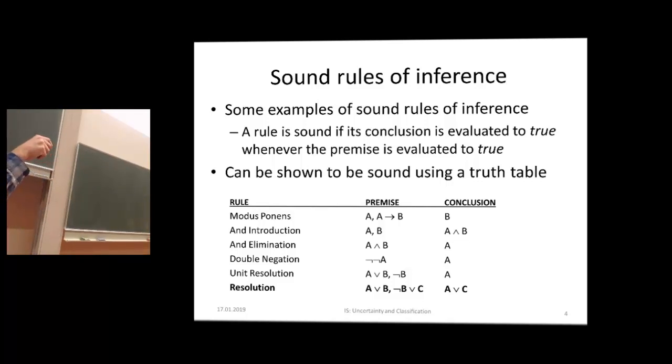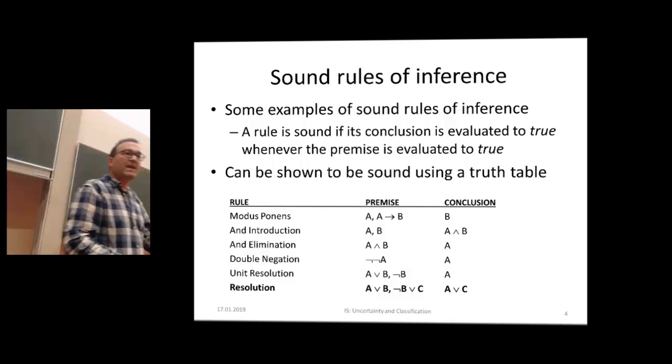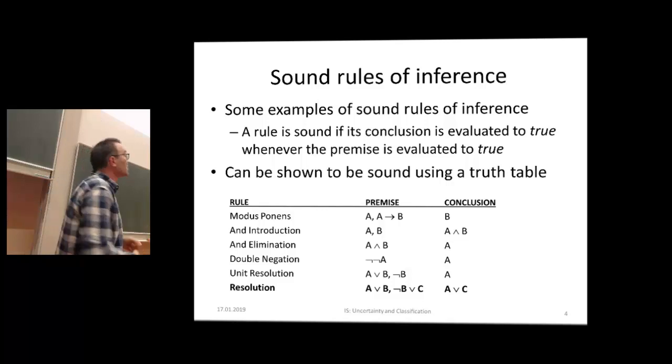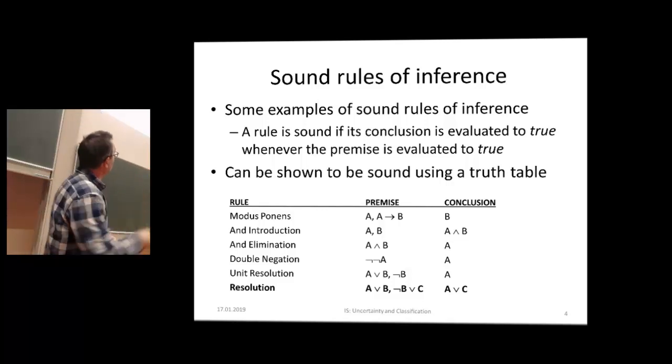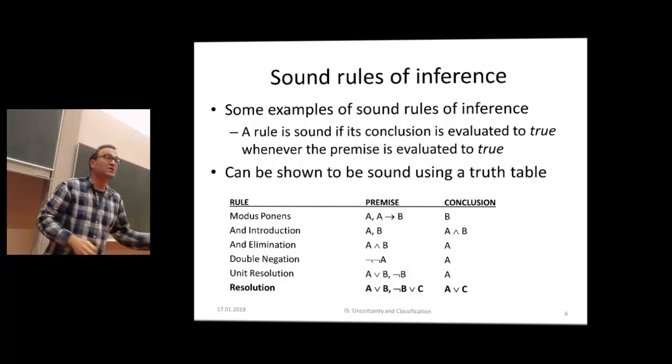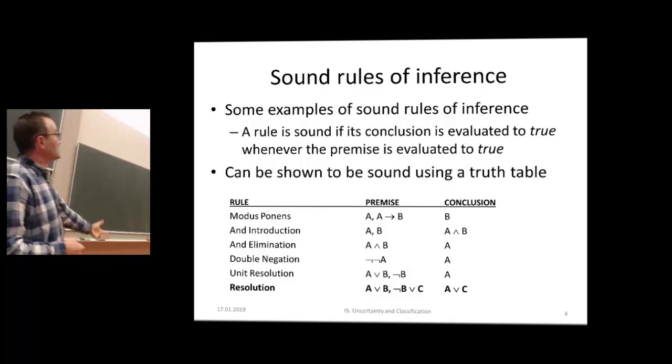And we've seen some of those rules. We have seen modus ponens, written up in a different way, but it's the same thing. We have two premises and a conclusion. With the and-elimination, if we have a conjunction, then we can conclude that either of the conjuncts is entailed and can add it to the knowledge base.